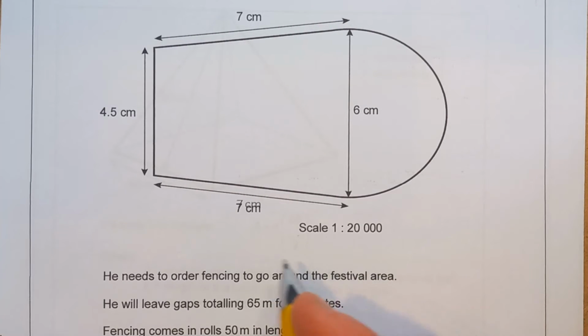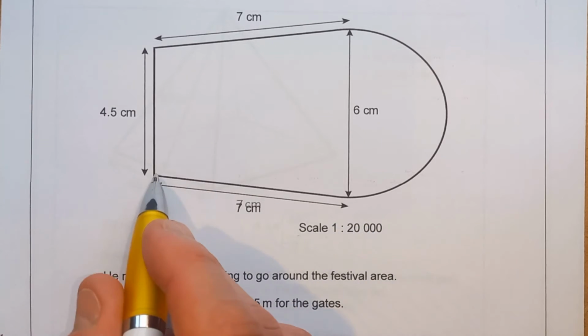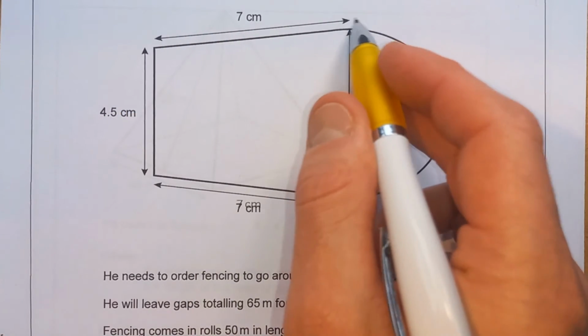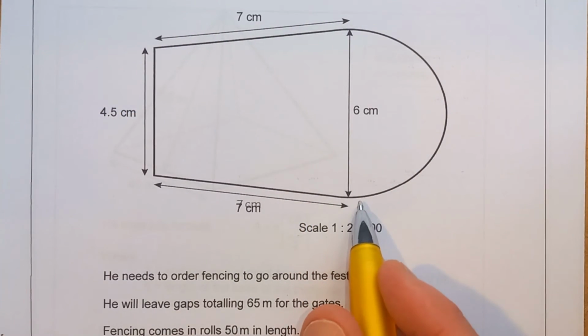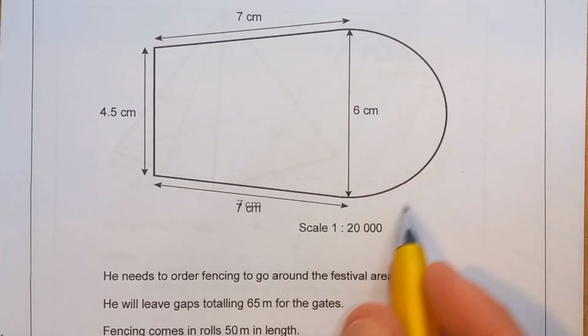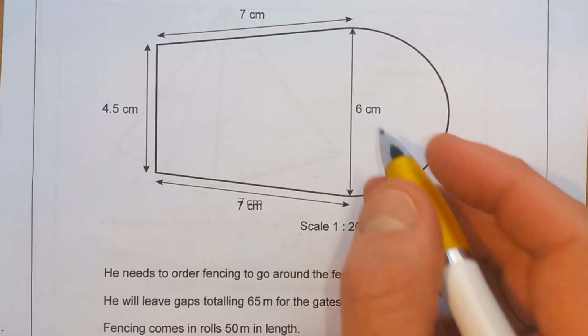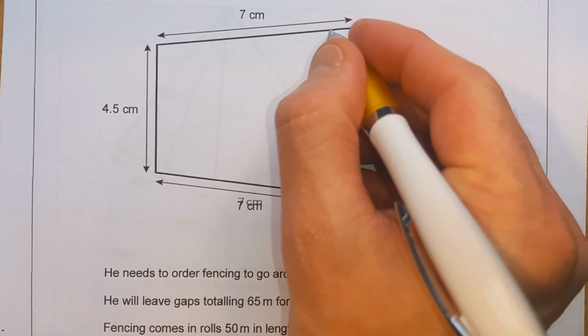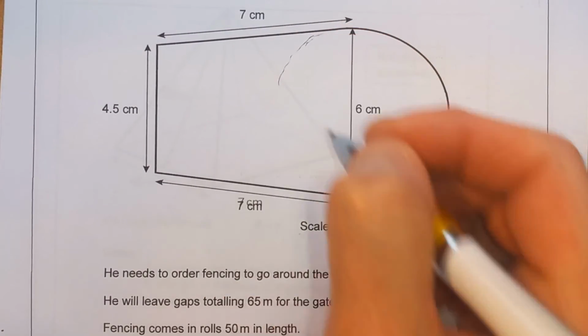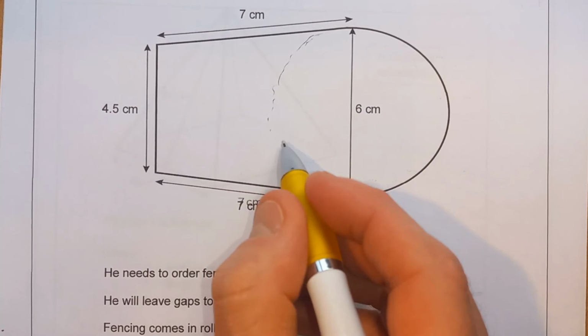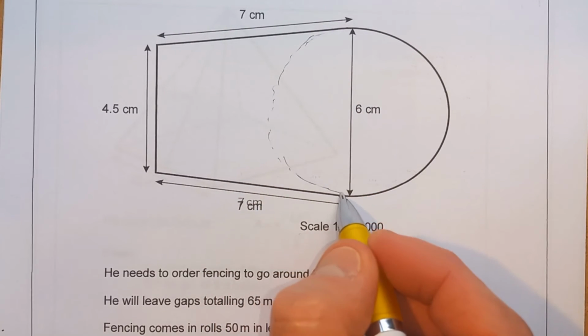So the perimeter is going to be this length plus this length plus this length plus this length. So this is the tricky one for now. We don't know how long that is. But what we do know is that it's a semicircle. So we've actually got the rest of a circle going round.